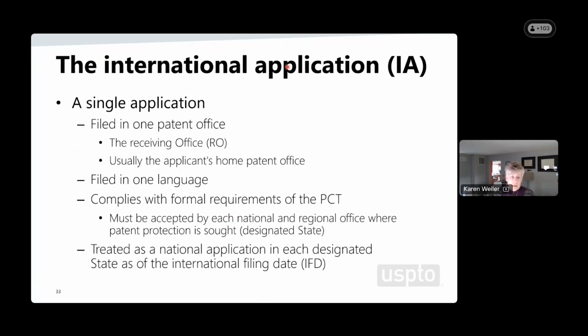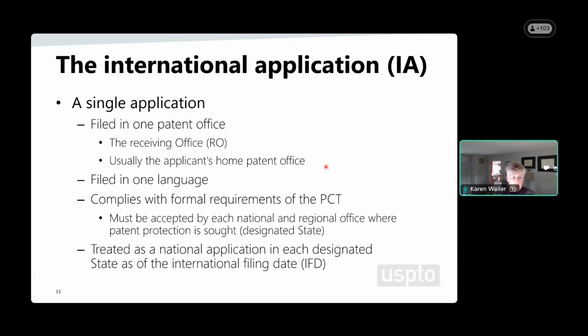So returning now to the international application, or PCT application as we call it. It is a single application filed by a resident or national of a PCT contracting state. It's filed in a single patent office that is referred to as the receiving office because it receives that application.